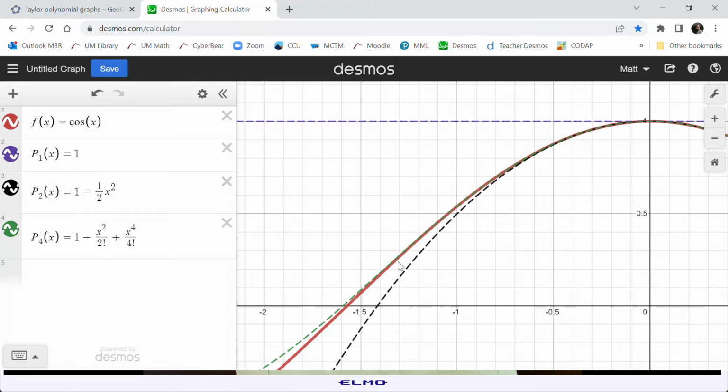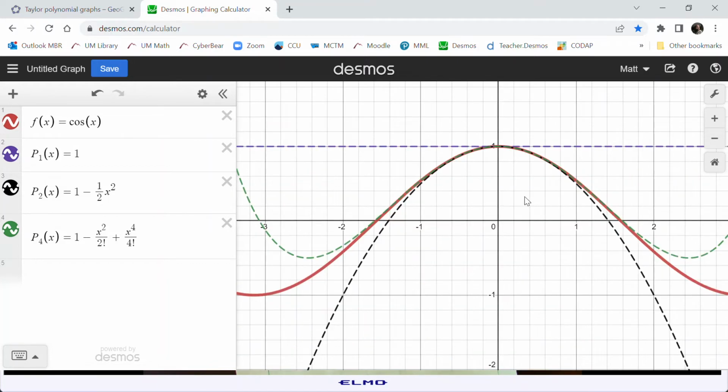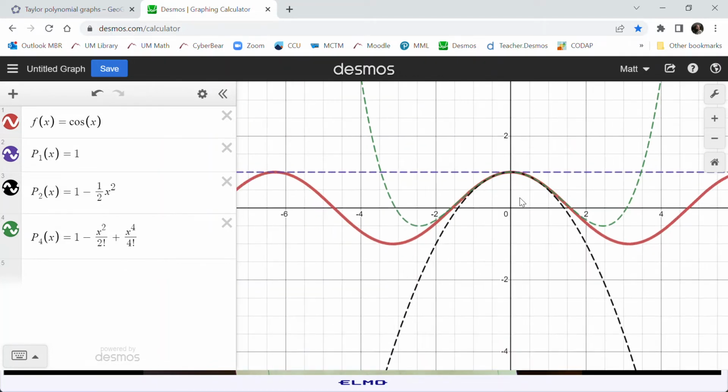Now the green one, at least eyeballing it, seems to have a radius that's much wider, definitely greater than 1, where it's a good approximation. So that's the idea, that we can approximate a function around a point using a series, and those series are called Taylor polynomials, and we've just derived the one for cosine.